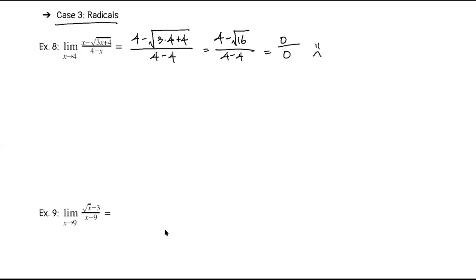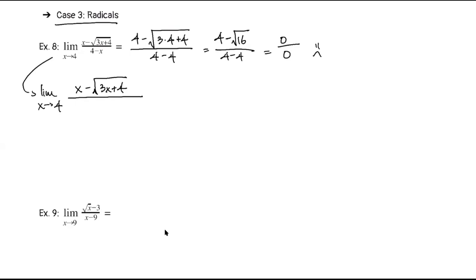Now, our strategy here is going to be a different strategy, because when we see radicals, it's not as easy to factor. But when we see radicals, we're going to make this a lot messier before it gets better.